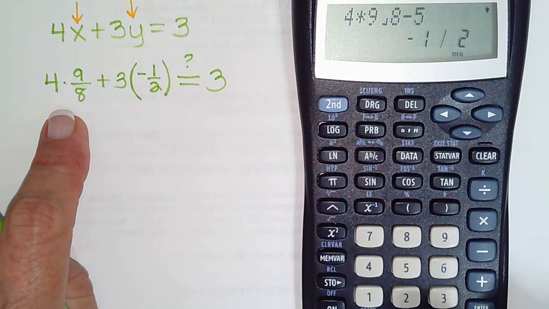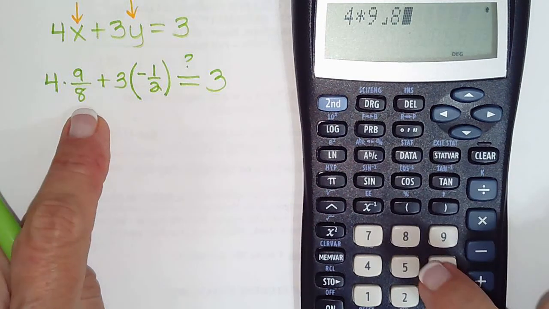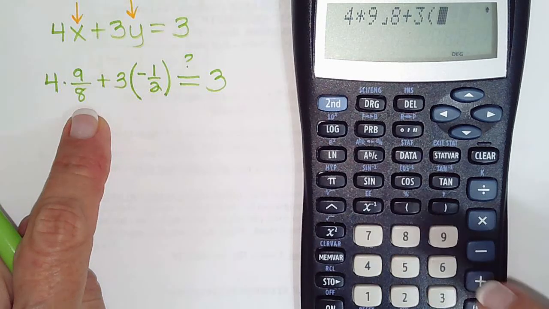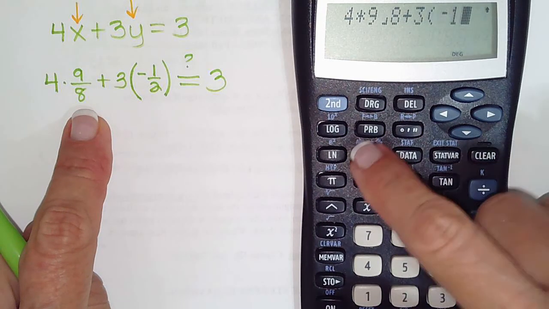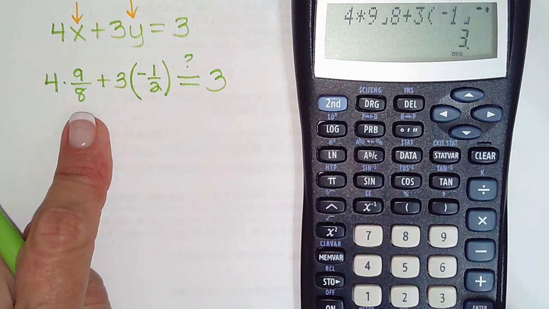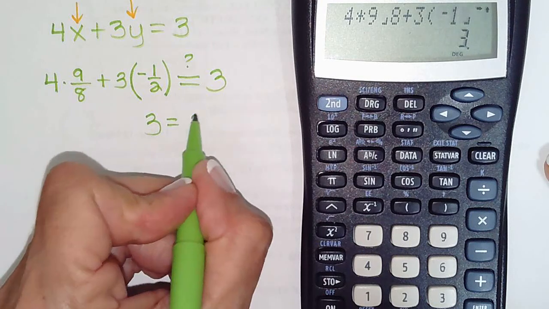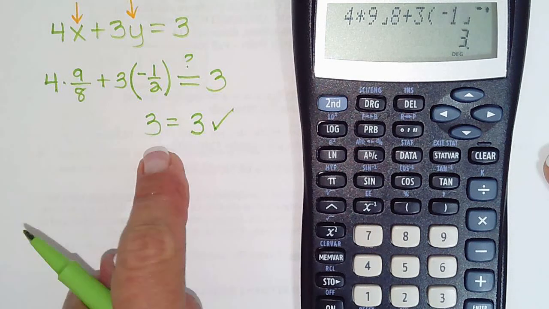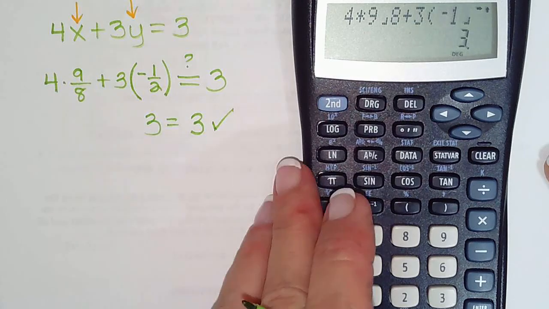So 4 times 9 fraction bar 8 plus 3 parentheses negative at the bottom 1 fraction bar 2, close your parentheses, hit enter, ding ding ding, yes, that's when we do our happy dance, when the two sides match. So we got 3 from that side, we got 3 from this side, so that works.